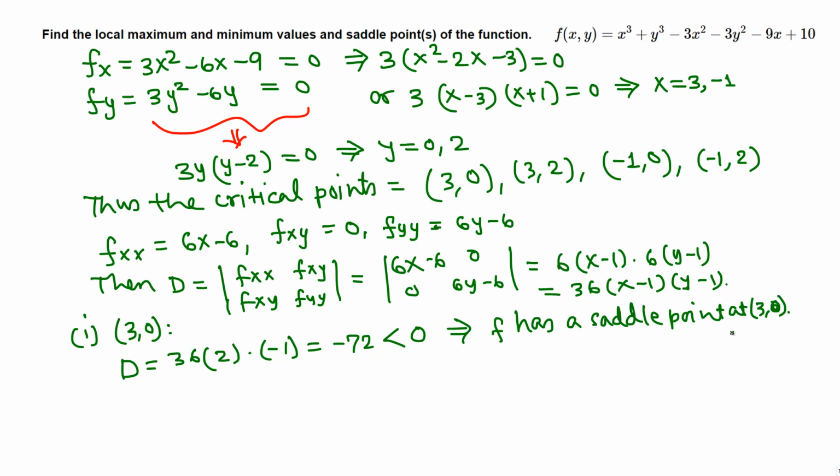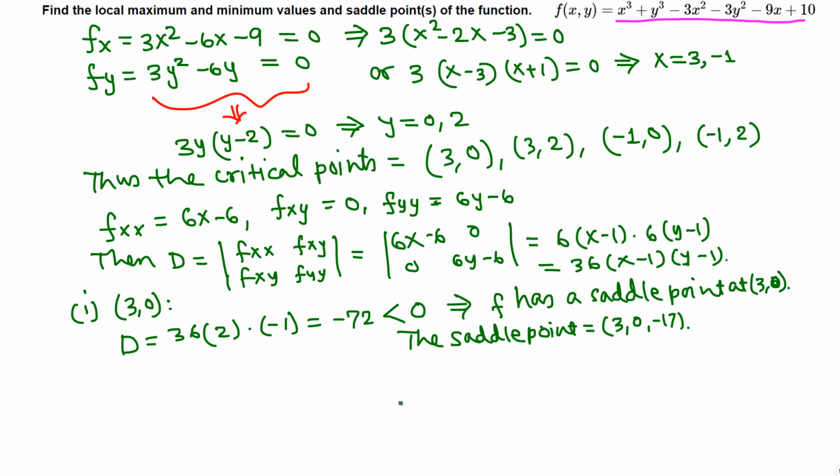The saddle point itself is (x, y, z). We need to find the corresponding z value. We plug x and y into the original function, then we get the corresponding z, the third coordinate. So this is (3, 0, z), and that is negative 17.